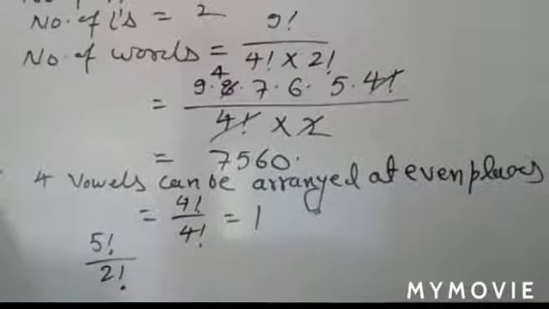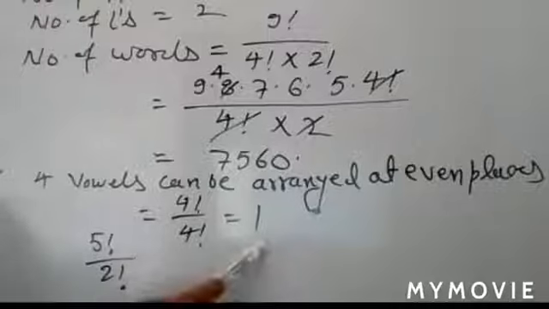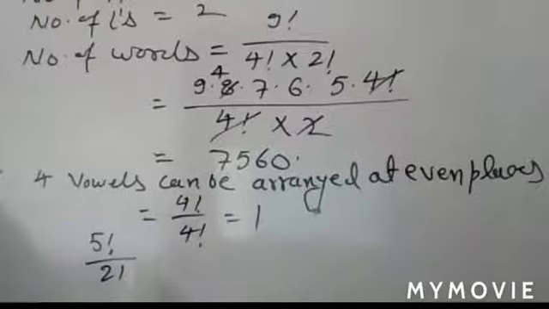Then you write the required number of words. The required number of words is equal to 1 into factorial 5 upon factorial 2. Means you have to multiply these 2 ways. By chance here you have factorial 4 upon factorial 4, and you get the result 1.